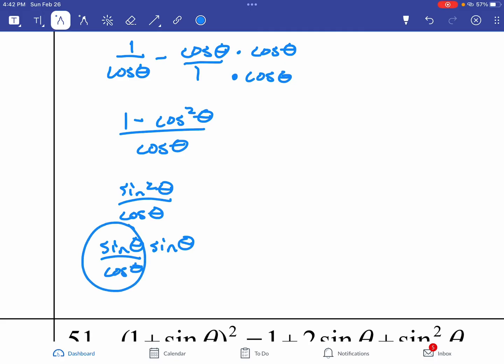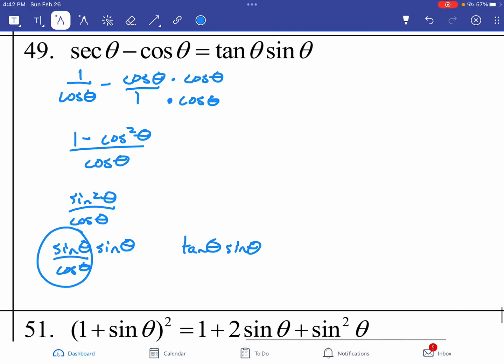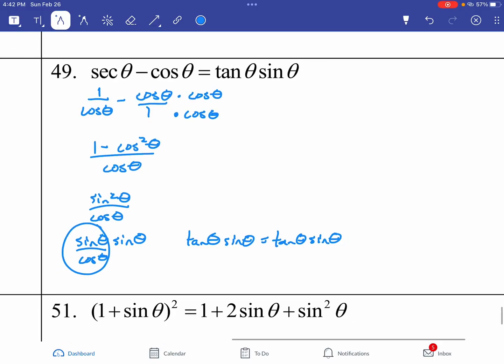These two become tangent times the sine that was left over. And that equals tangent sine. Okay, this is the case where understanding that these are verifying and you know where you're supposed to end up tells you what else you might have to do to get to the simplification that we're looking for.